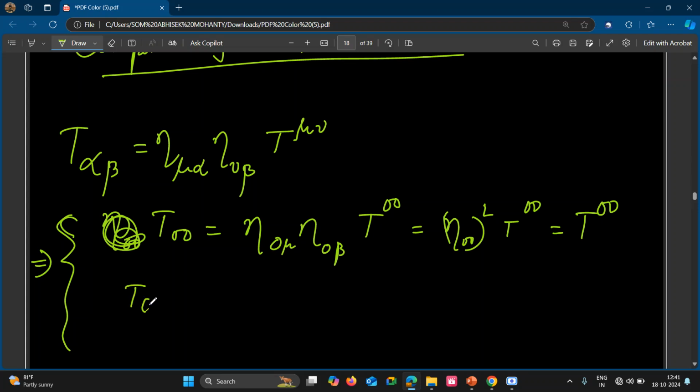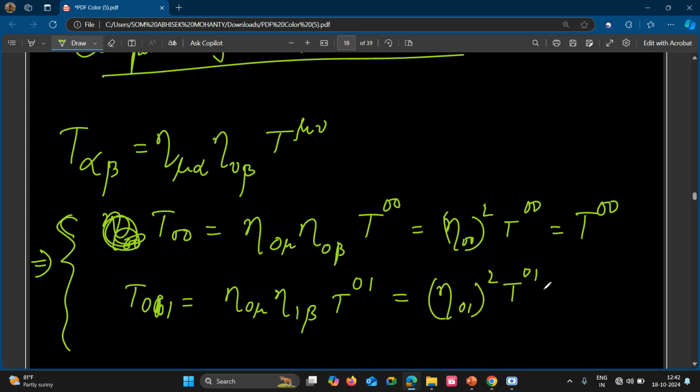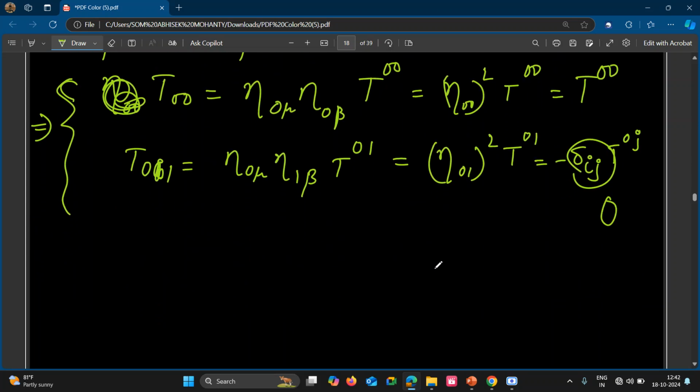Now T 0 I, suppose T 0 1, is equal to eta 0 mu eta 1 beta, and this is 0 1, right? So this becomes eta 0 1 squared, and this is T 0 1. So it will become 0 eventually, because here this one is actually delta ij T 0j, right? So delta 0 1 is 0, because I is not equal to 0, so this thing will become 0.